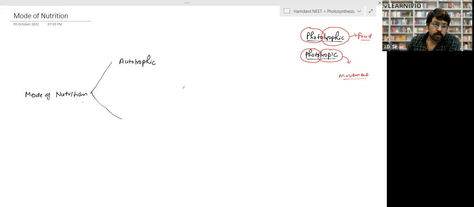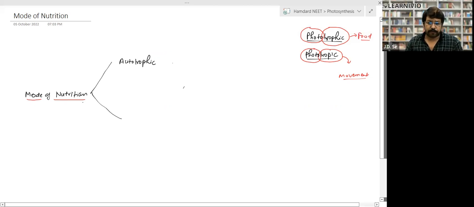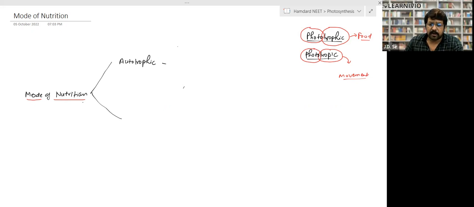Okay. So there is a mode of nutrition. What does it mean, mode of nutrition? Mode of nutrition means the way any organism is taking food. That is the mode of nutrition, right? When I say autotrophic, any organism that is making its own food, means it is capable enough to make its own food.